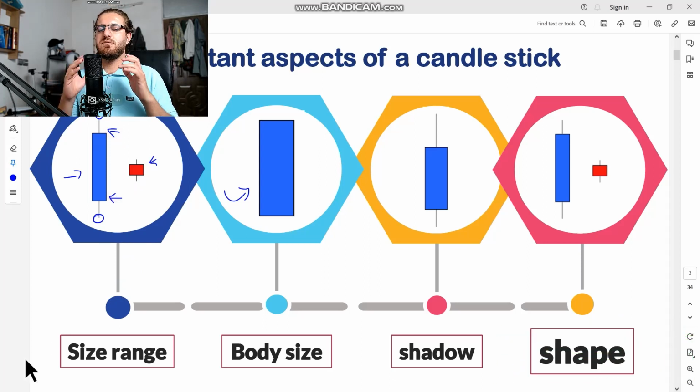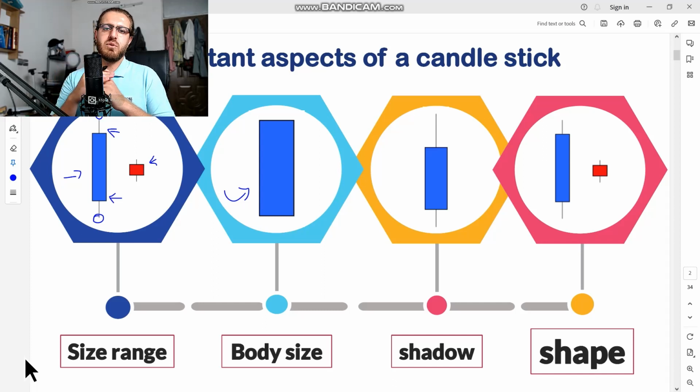The body is very important for us because the body shows us the strength of a candlestick, the determination of buyers or sellers that created the candlestick. So if the body is large enough, you can say that the buyers or the sellers are in control.